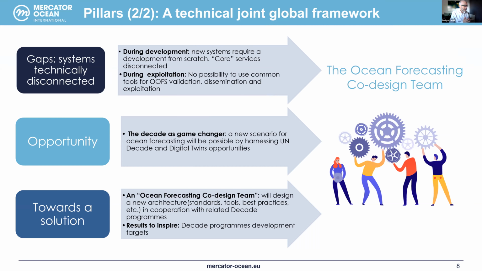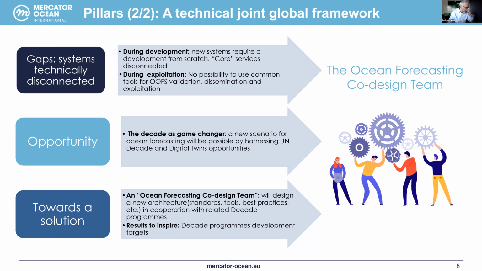Then we will build a team, an ocean forecasting co-design team that will work initially on designing a new architecture, thinking about tools, standards, best practices, etc., in cooperation with all these important decade programs that I mentioned before.